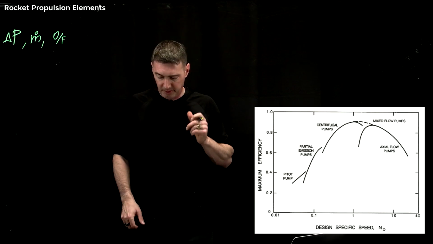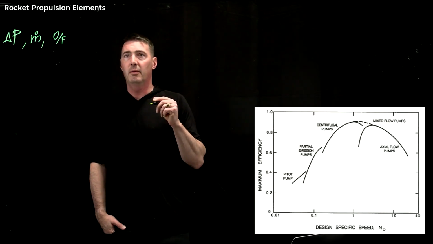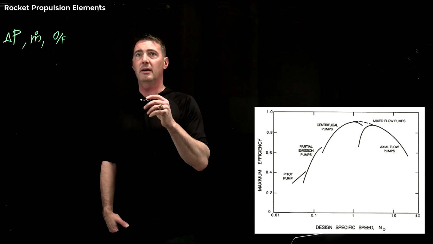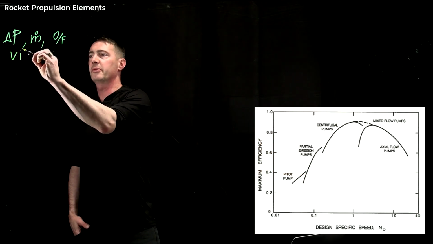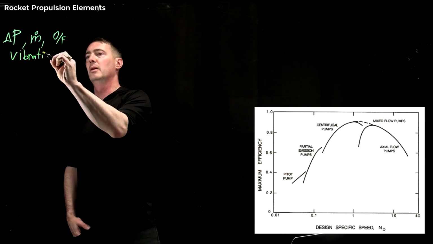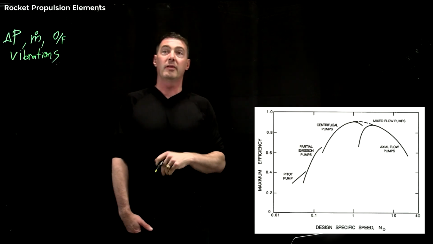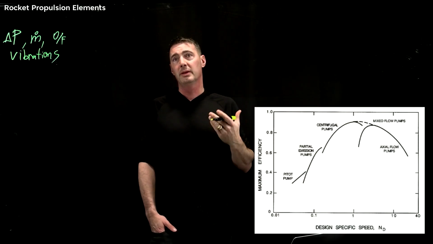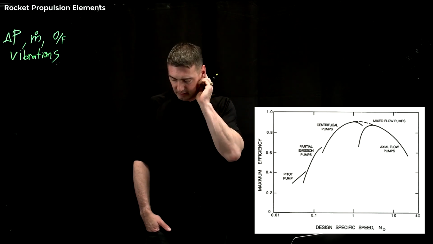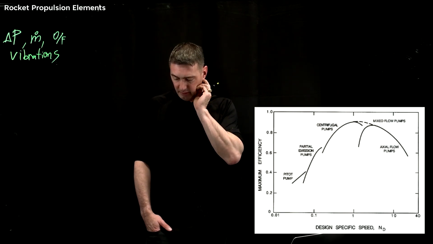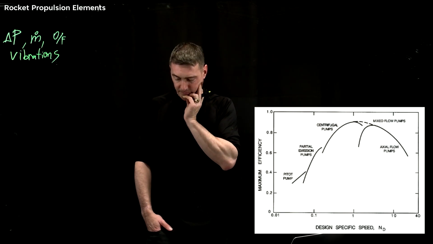But honestly, one of the other really important parts in selecting your speed is that what really kills your pumps are vibrations. It is non-trivial to build a turbopump. The bearings, we'll talk through a little bit of how you keep the fuel and the aux separated.